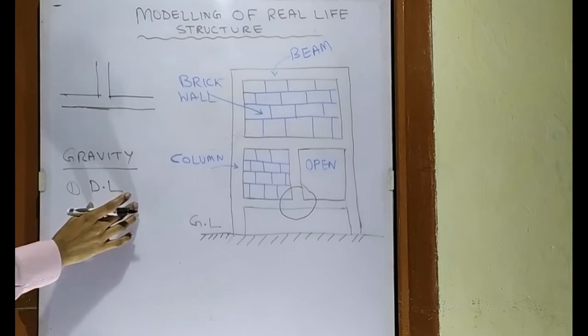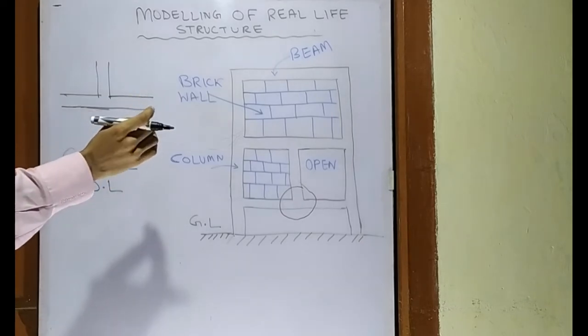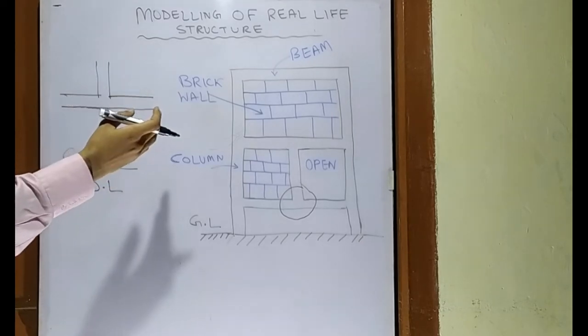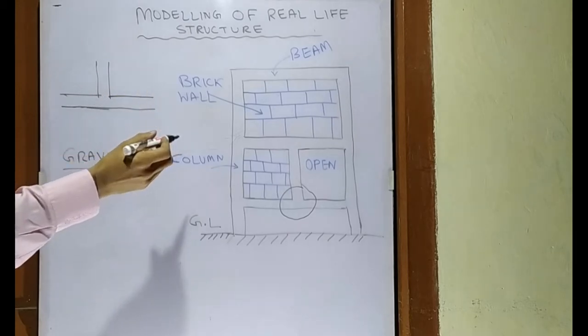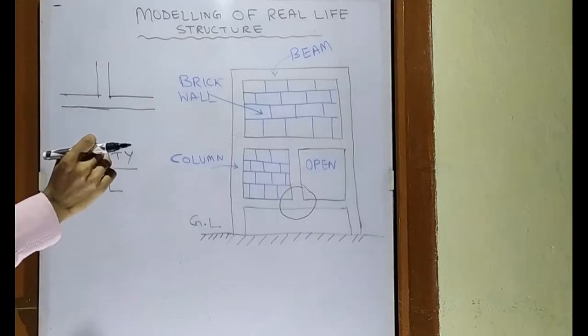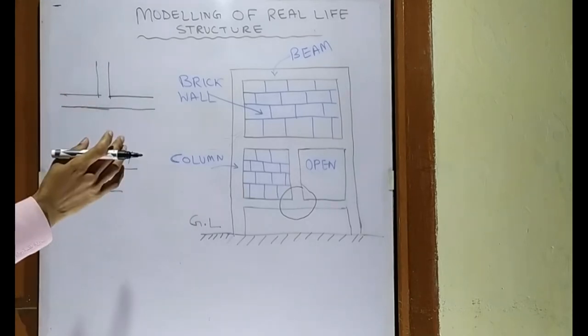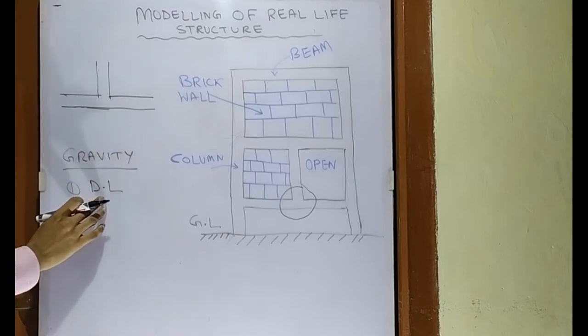So dead load comprises the load of the whole structure, the structural members like column, beam, and there may be another structural member, like steel bracing on this structure. So the total load of all those structural members is considered under dead load.